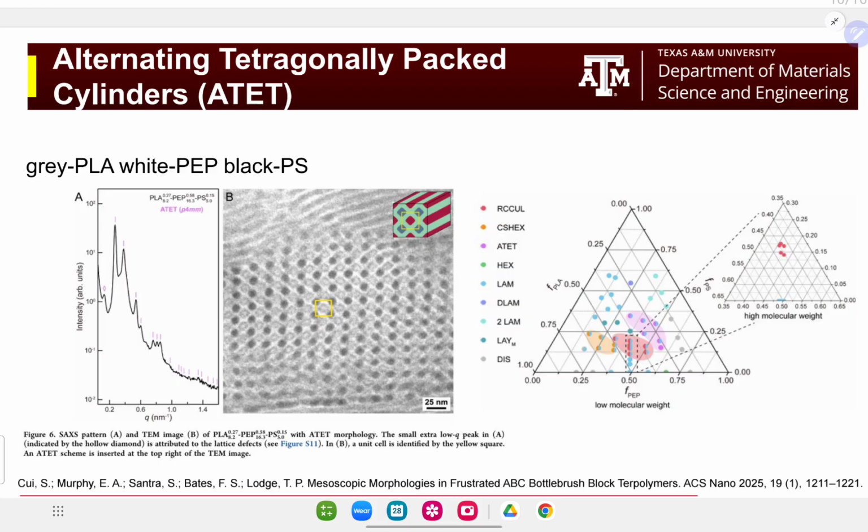In this structure, PLA and PS form the gray and black cylinders, respectively, while PEP serves as the white matrix. This tetragonal phase appears primarily in the PEP-rich region within the composition range of 0.22 to 0.34 for FPLA, 0.32 to 0.58 for FPEP, and 0.14 to 0.35 for FPS.